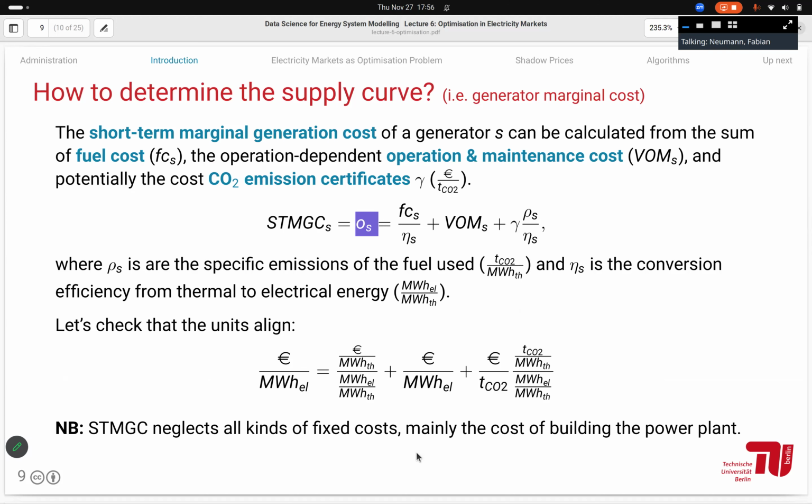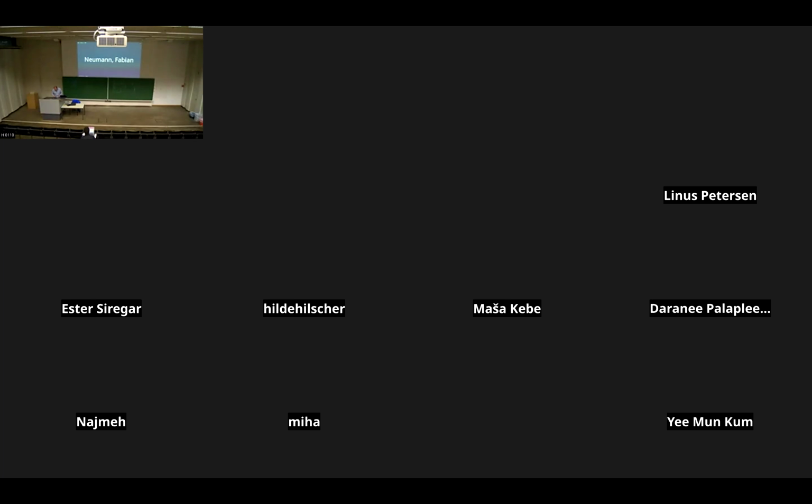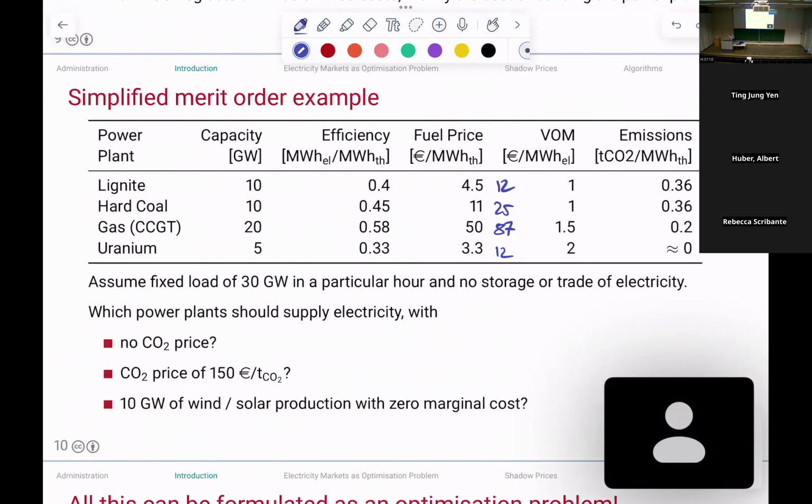And for that, I'll briefly switch to the iPad. So it's a very simplified case of a merit order. Here we have 4 different types of power plants.